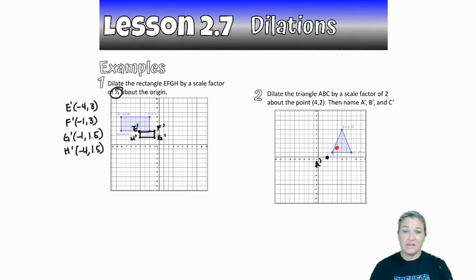For C, this one's a little bit easier too. B is a little bit more challenging. C is down 1, right 3, so I'm going to go down 2, right 6. And then B is right 1, up 4, so I'm going to go right 2, up 8.